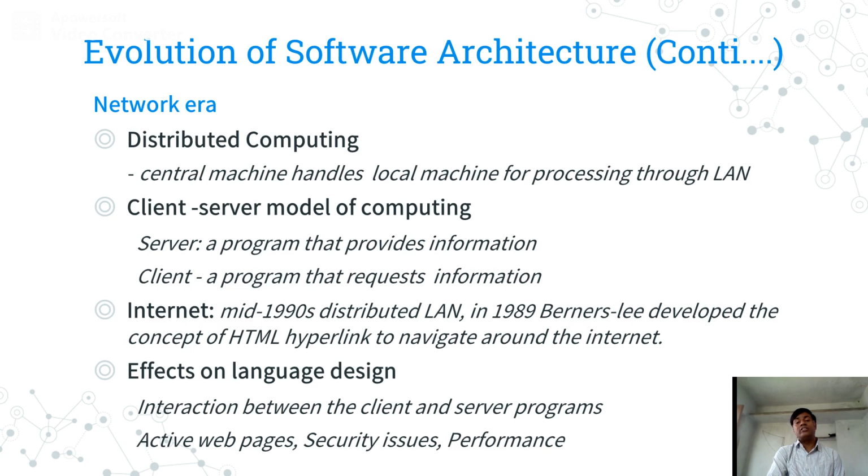During the mid 90s, the distributed LAN concept came, and in 1989 Berners-Lee developed the concept of hypertext markup language and hyperlinks to navigate around the internet. Their effects on language design are interaction between client and server programs, active web pages developed, security issues also managed well, and performance also comes into the picture during the network era.